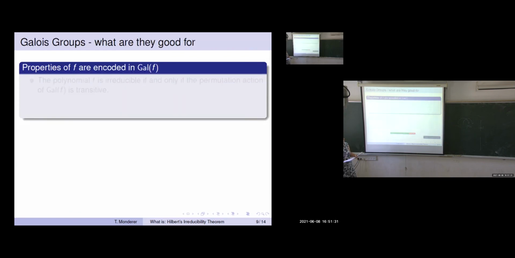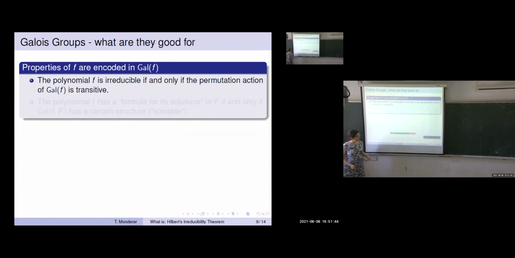Now, what do we mean when we say that properties of the polynomial are encoded in properties of the Galois group? Let me give you two examples. The first one is that the polynomial we started with is irreducible if and only if this permutation group is transitive on the roots.